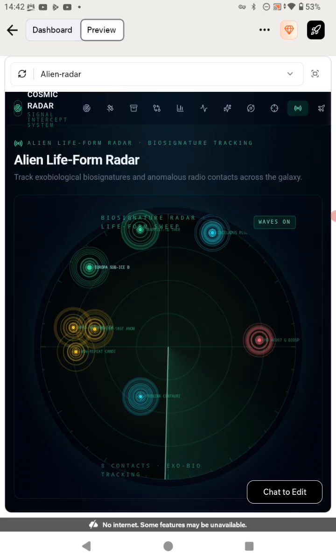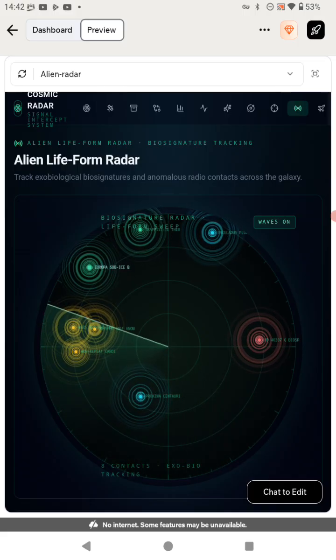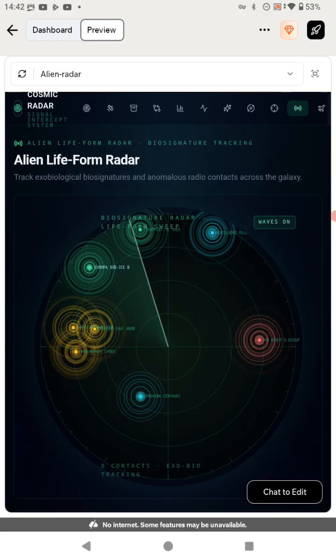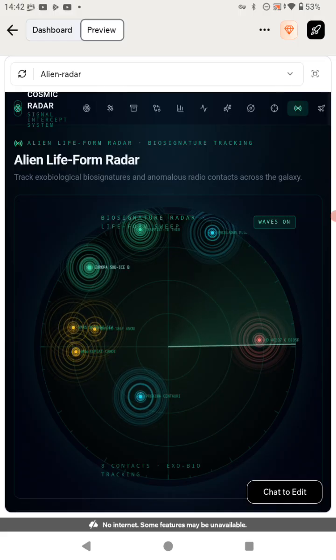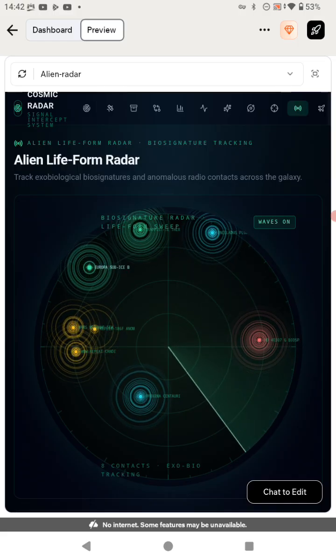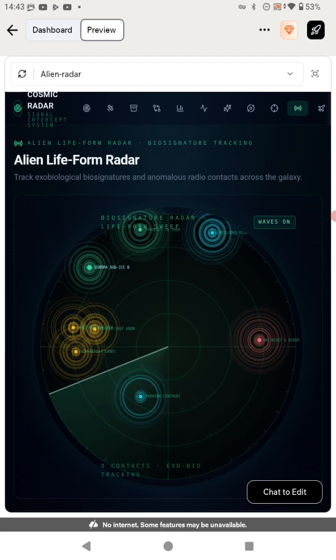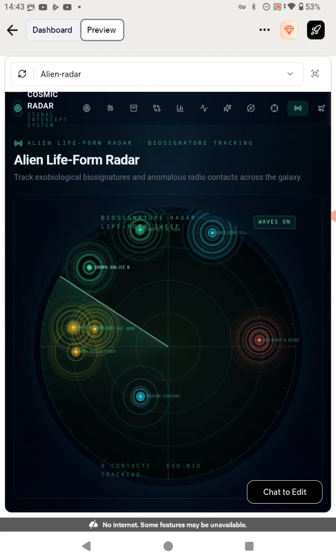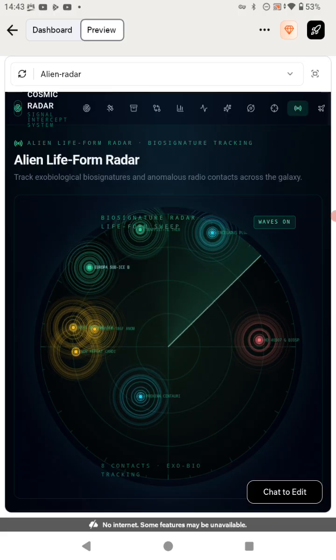Okay, now we got alien life form radar. Now, let me explain this, because some people think that I'm in contact with the aliens. I talk to them. Now, alien life form radar doesn't mean that there are live aliens out in space, which I'd be very surprised if there weren't.